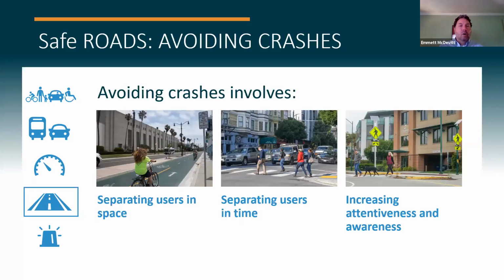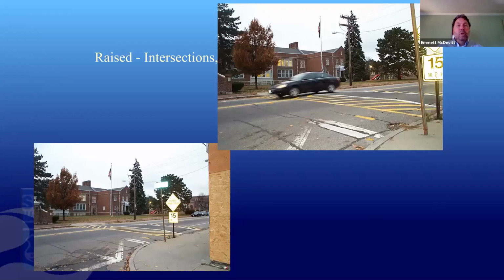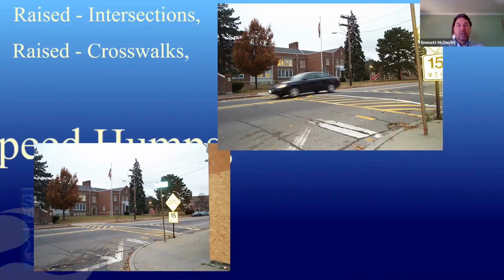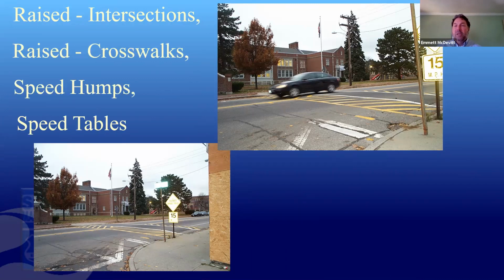Avoiding crashes involves separating users in space and in time, and increasing attentiveness and awareness, like through the rectangular rapid flash beacons. We can also slow traffic by raised intersections and raised crosswalks, speed humps, and speed tables.